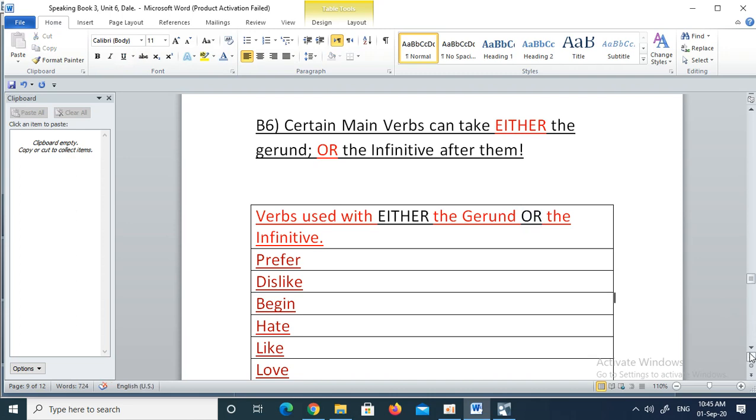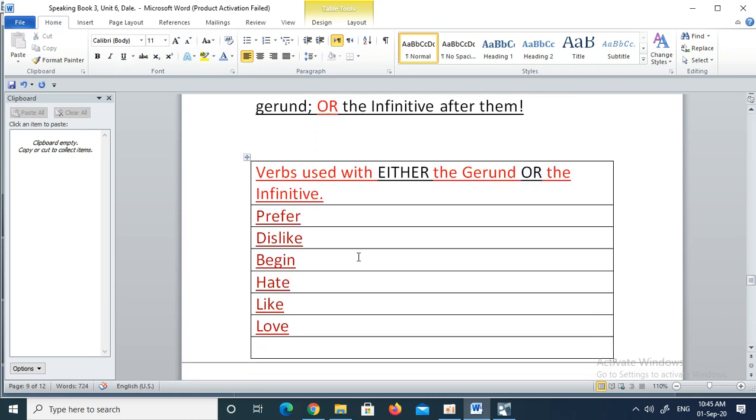And the list of those verbs is as follows: prefer, dislike, begin, hate, like, and love.